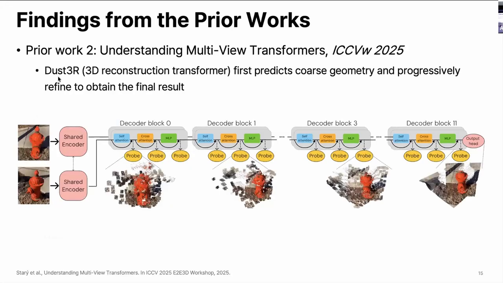And here is another prior work motivating the recurrent block, which is about a 3D reconstruction transformer. This work shows that the star, which is a 3D reconstruction transformer, does not predict perfect geometry at once. Instead, it first predicts coarse geometry and then progressively refines it across decoder blocks.